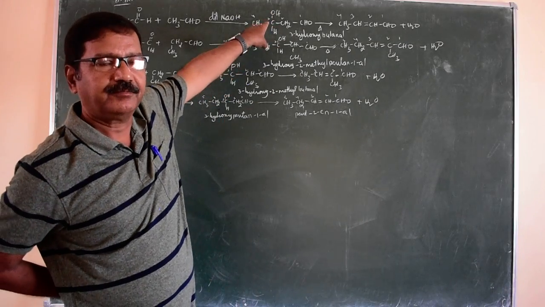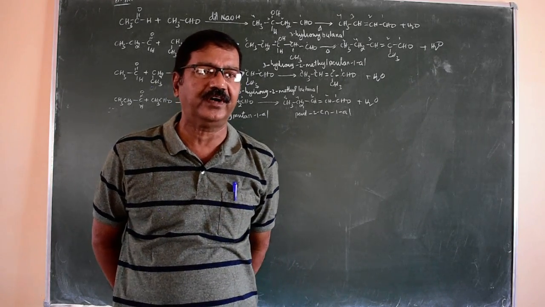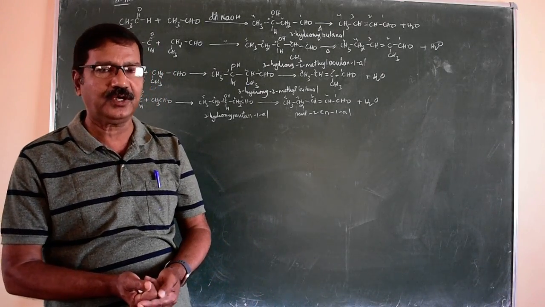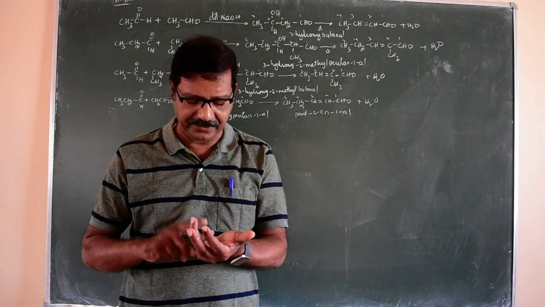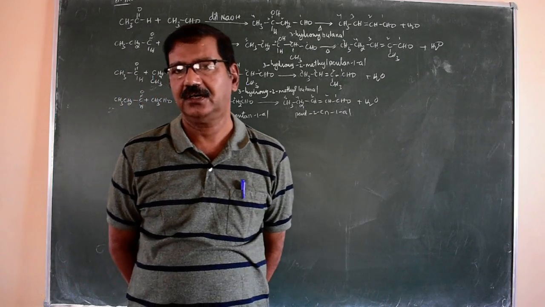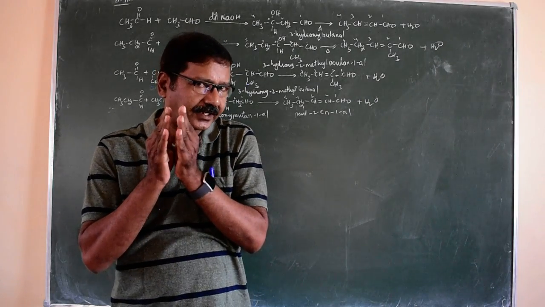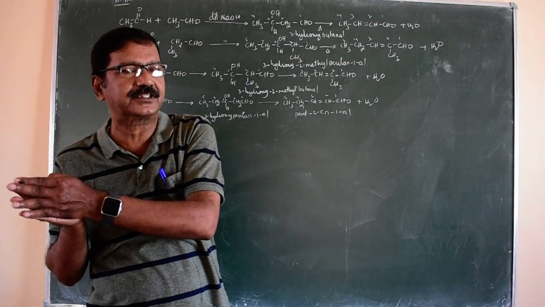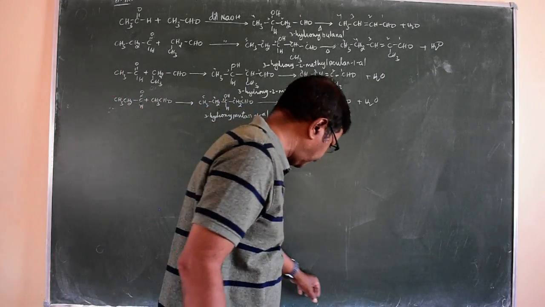Such an aldehyde undergoes reaction in the presence of a strong alkali like NaOH or KOH to give a reduced and an oxidized product: alcohol as the reduced product and the carboxylate ion, the sodium or potassium salt of the carboxylic acid, as the oxidized product. Remember that simultaneous oxidation and reduction takes place.